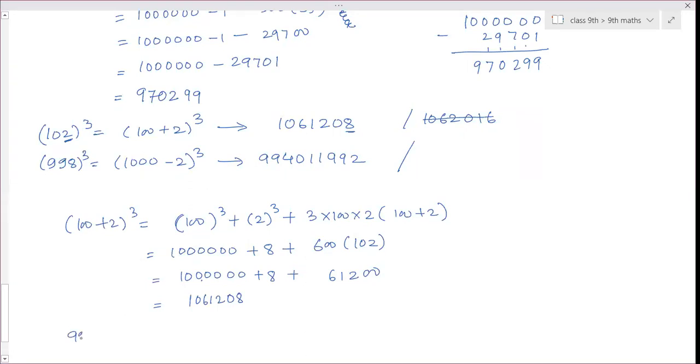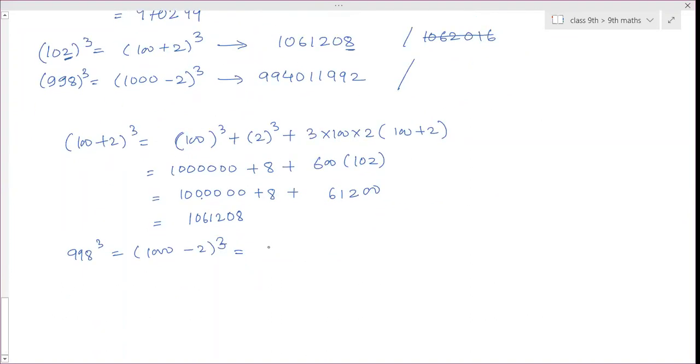And the same thing for 998 cube is equal to 1000 minus 2 whole cube, which is 1000 cube. That means here are 9 zeros: 1, 2, 3, 4, 5, 6, 7, 8, 9. Minus 2 cube is 8. Minus 3 into 1000 into 2 into 998. So it is 9 zeros minus 3 into 2 is 6000 into 998.